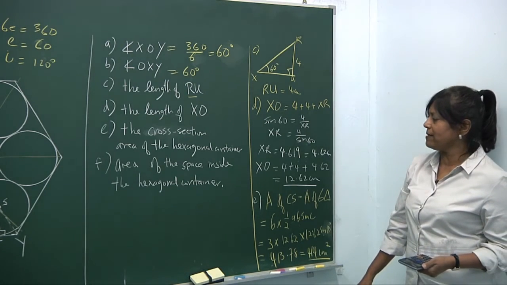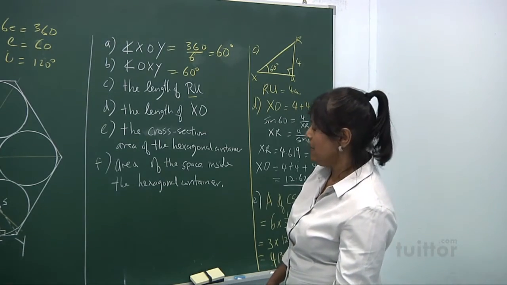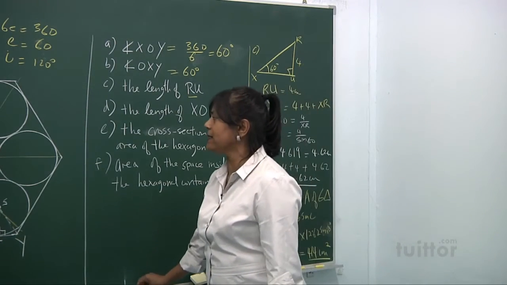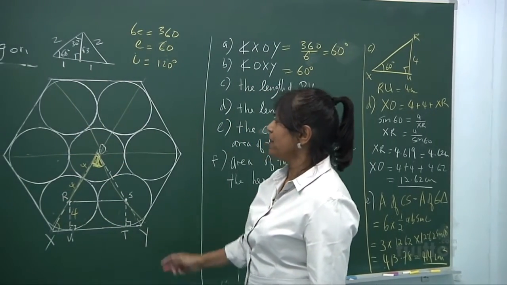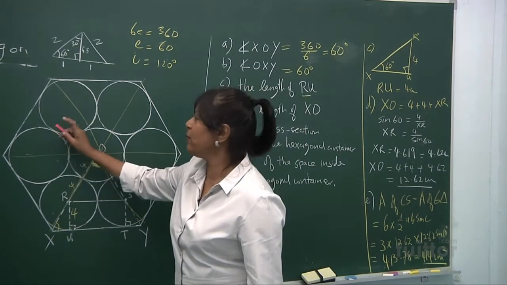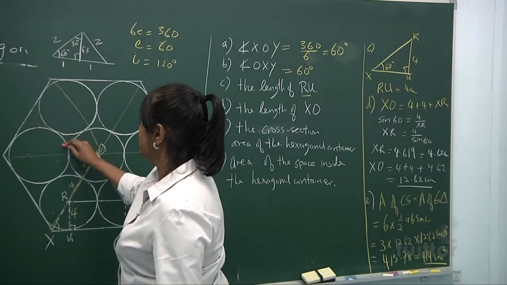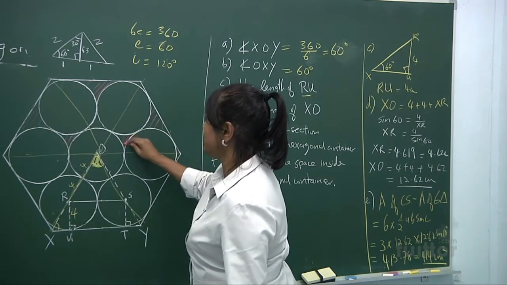Now my dear friends, the next thing is the space inside the container. What will be the space inside the container? You have to take the cross-sectional area and subtract the 6 circles. That will give us the space here, the space here, all these spaces.